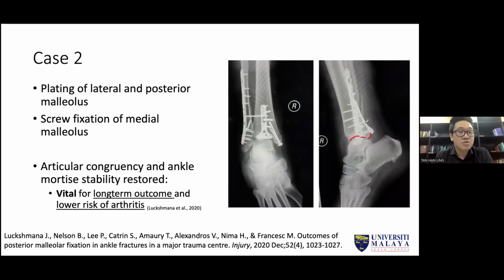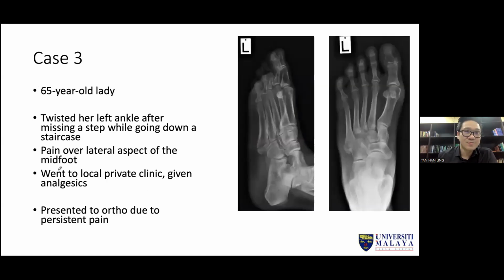So the articular congruency and also the ankle stability are the most vital factors affecting the long-term outcome and lowering the risk of arthritis.